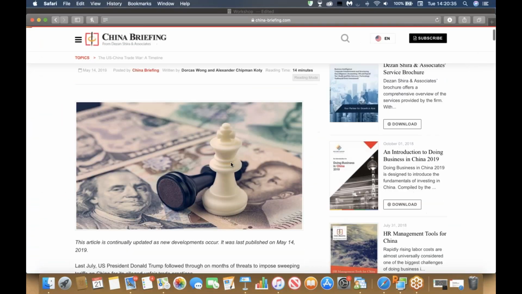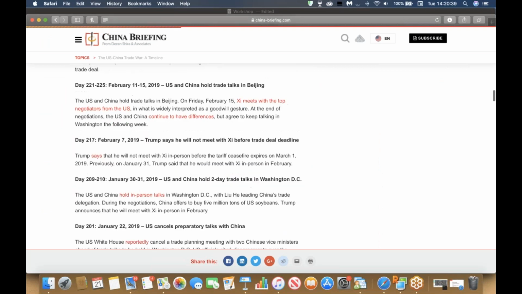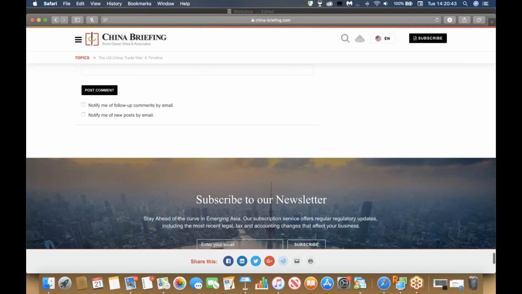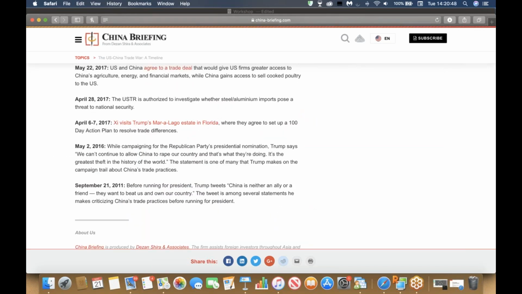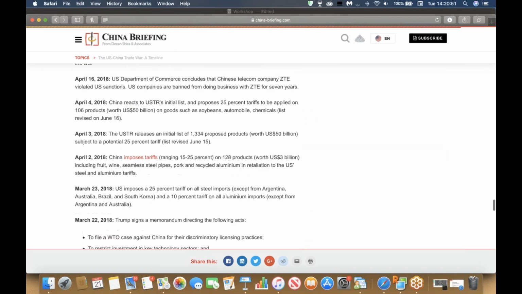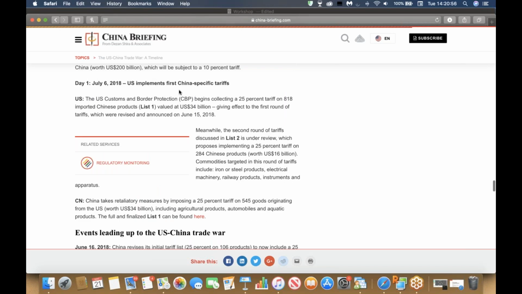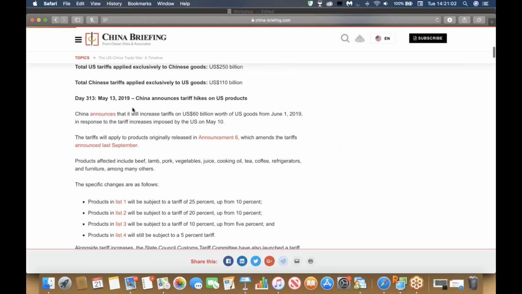Yeah. And what you have is a whole range, from the very beginning of the US-China trade war, going right back to 2016. You've got the beginning, and 2011, and then you've got a literal timeline of the first China-specific tariffs from 2018, and it goes right up to the present day.